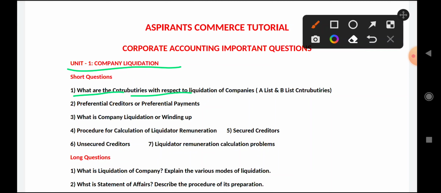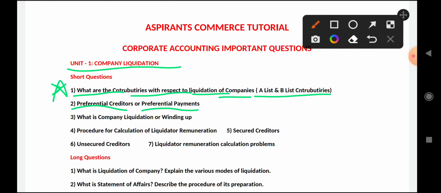What are the contributors with respect to liquidation of companies? That is, A list and B list contributors will be there. A short question may come from there. And preferential creditors are preferential payments whom we will pay ahead of any other person.